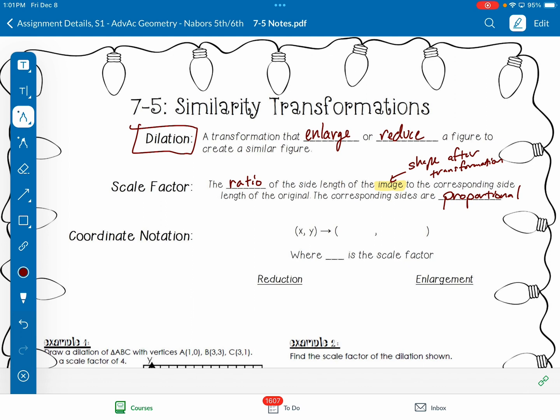So we're going to take their ordered pairs and we're going to do this. K is a mathematics standard. That means scale factor. Does it matter if it's uppercase or lowercase? No.